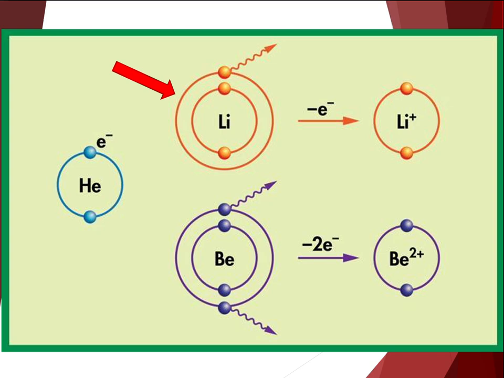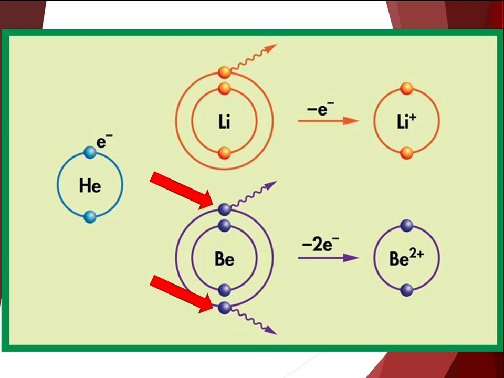One electron lies in lithium's valence shell. So, to achieve a complete, stable outer shell of 2 electrons, just like that of helium, the lithium atom loses that single outermost electron, and the lithium ion then has a charge of 1 plus.